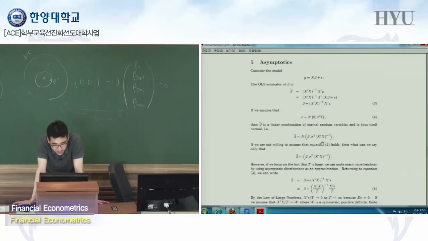Beta is simply a constant, and the second term, (x prime x) inverse x prime epsilon, is a linear combination of normal random variables. Therefore, beta hat follows a normal distribution with mean beta and variance sigma square (x prime x) inverse.